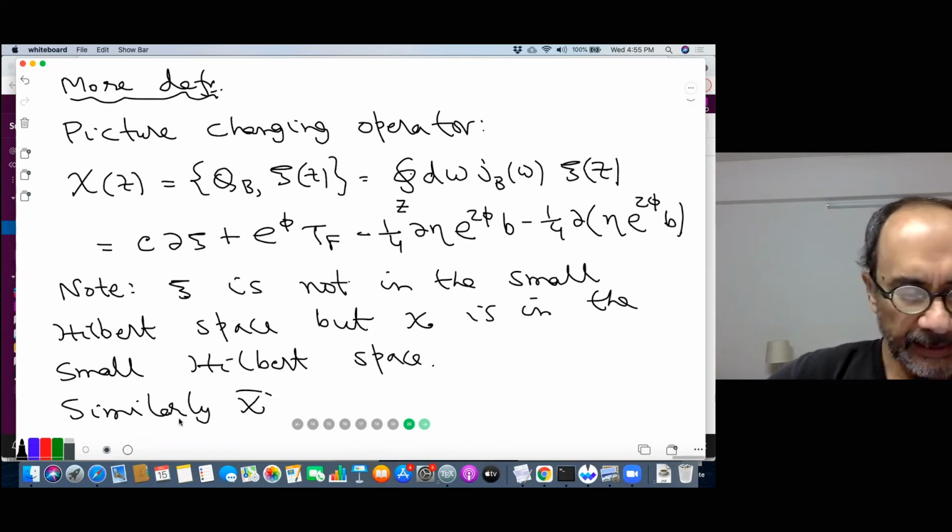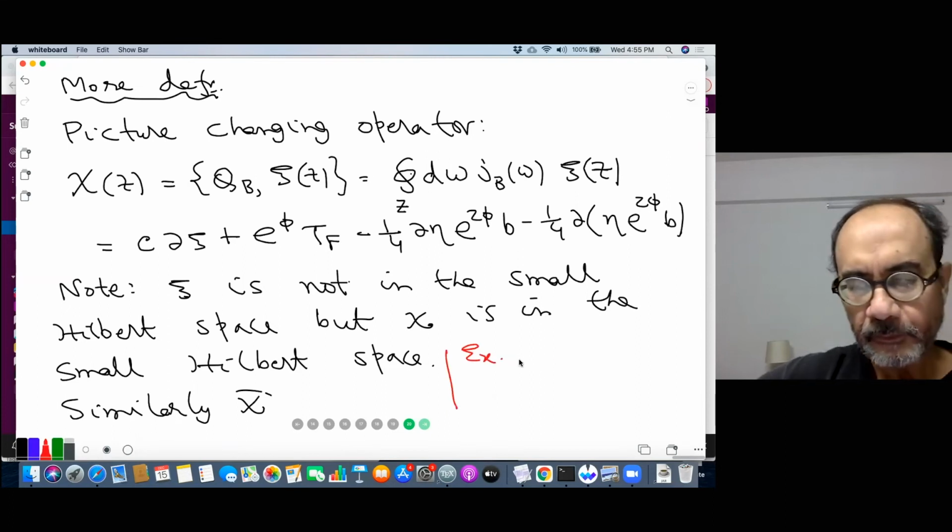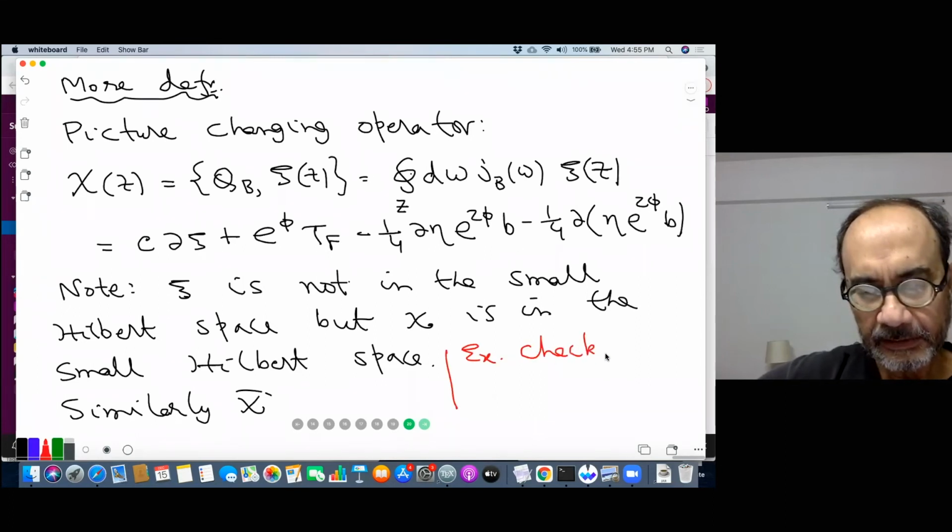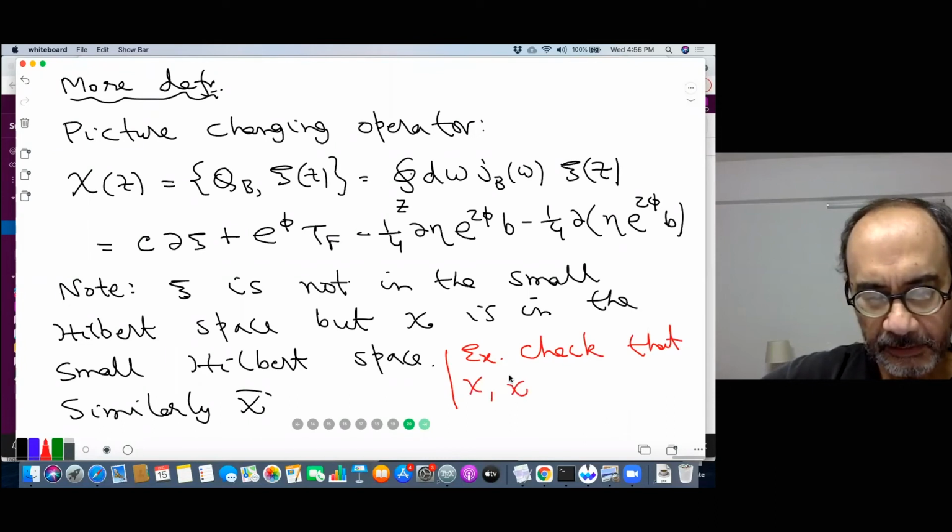And now an exercise: check that chi and chi bar are dimension (0,0) primaries.